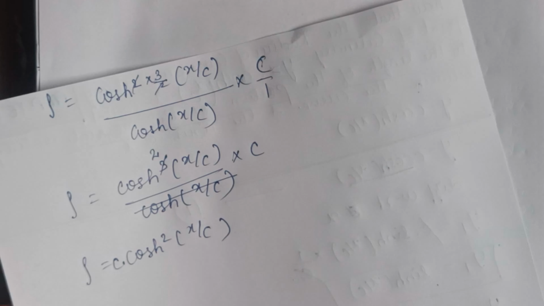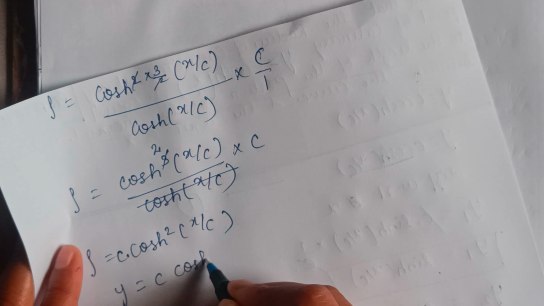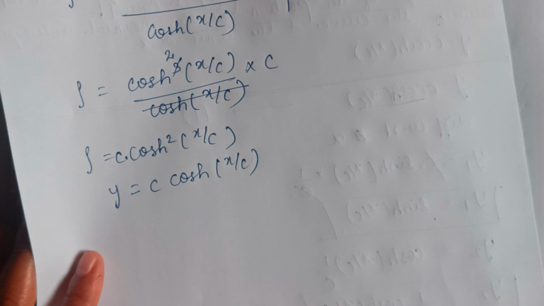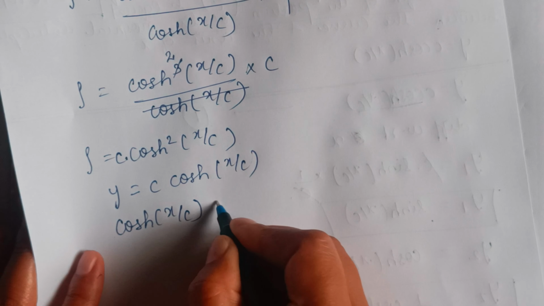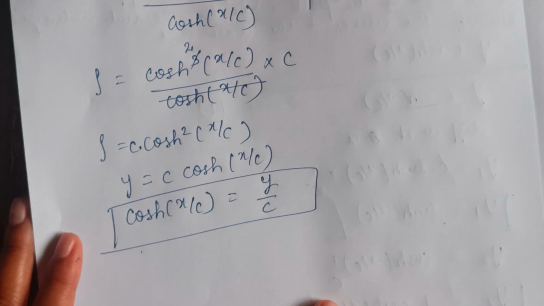So the question is y equals c cos hyperbolic x by c. So the value of cos hyperbolic x by c I can write as y by c.